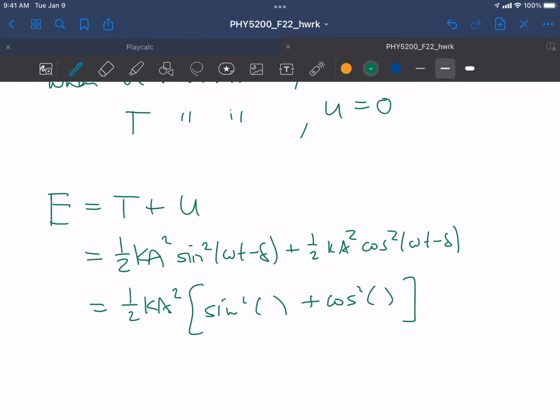I'm not going to write the omega t minus delta in both. This was T and this was U, and we brought the k a squared out, and this quantity, no matter what's inside there, is equal to 1.